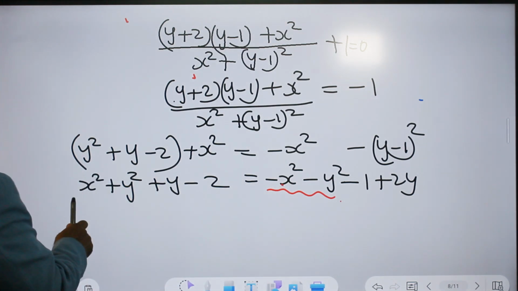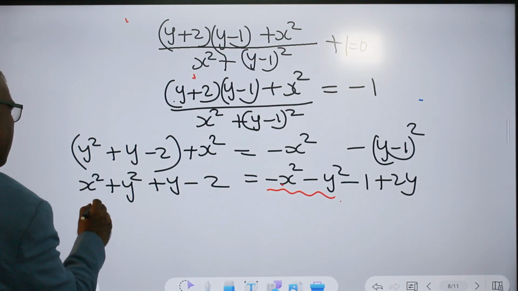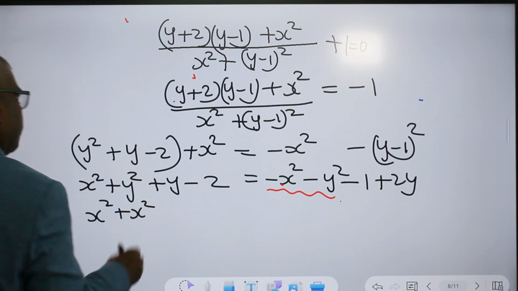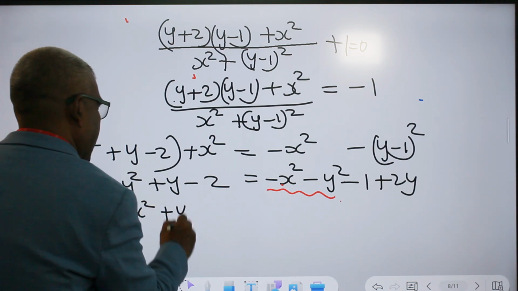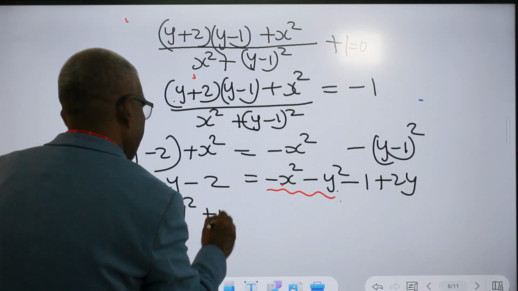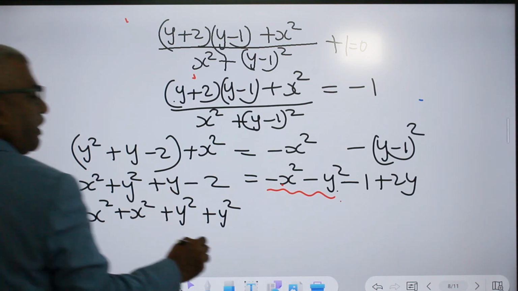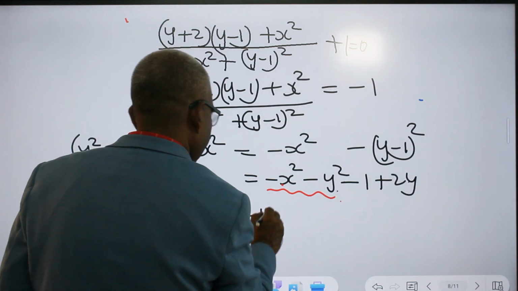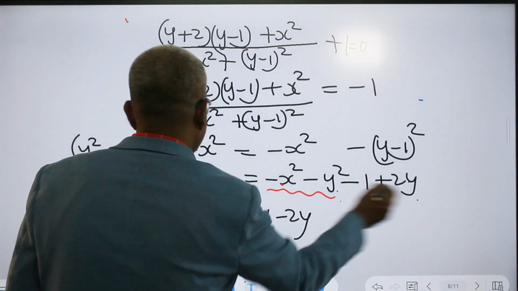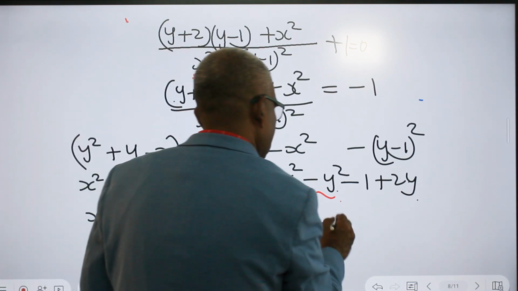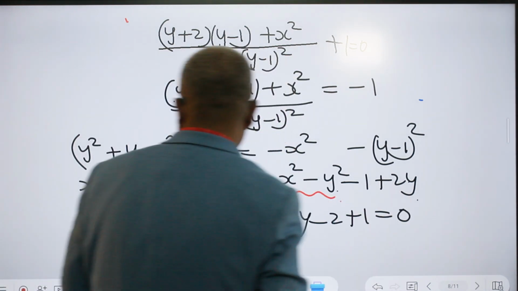This minus x squared, if it comes here, it will be plus x squared. This minus y squared, it will be plus y squared. Plus y minus 2y, this minus 2 plus 1 is equal to 0.